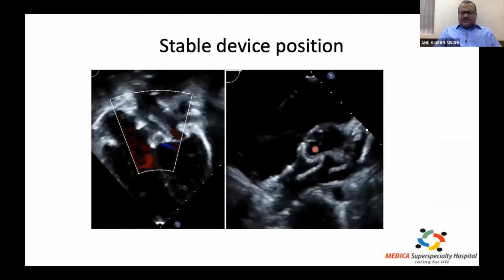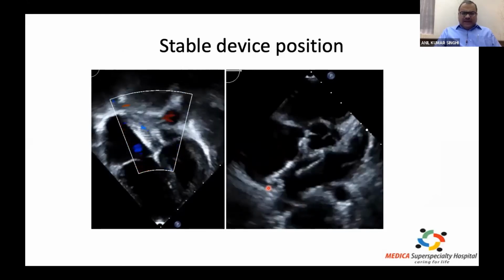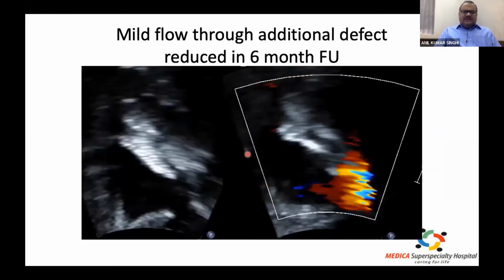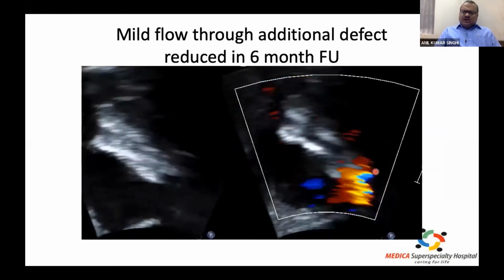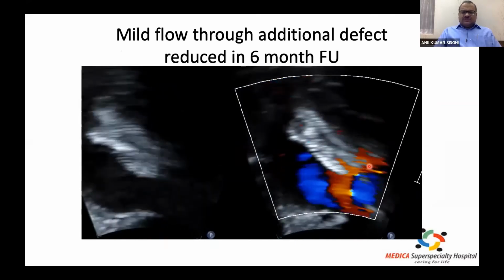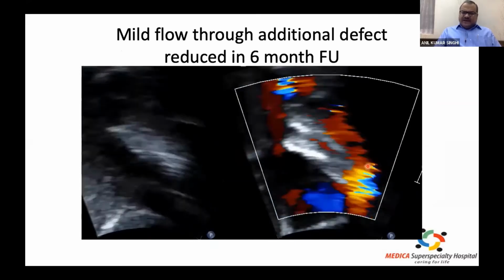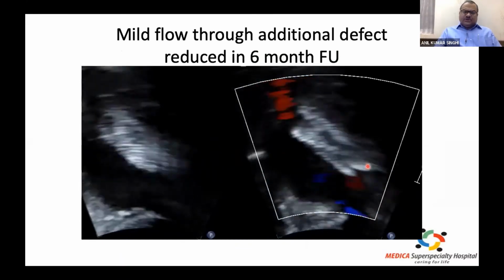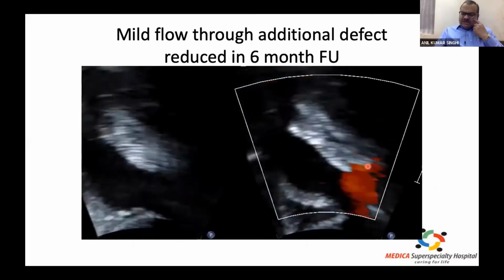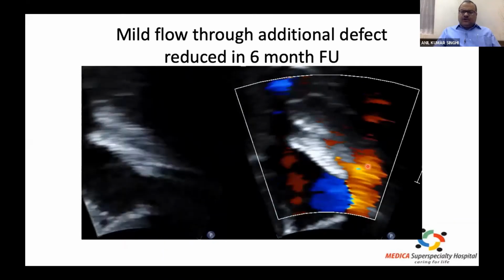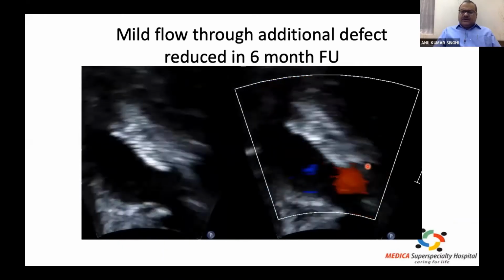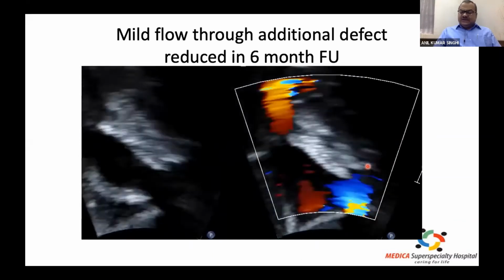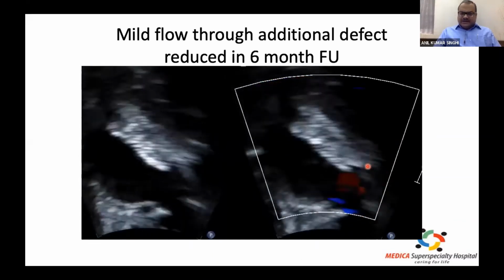You can appreciate all the margins caught well, and in the inferior there was a small residual which was not considered very significant, and that same thing came down in 6-month follow-up. So this illustrative case is a proof for the utility of detailed transesophageal echocardiogram or additional imaging in case of difficult ASDs.